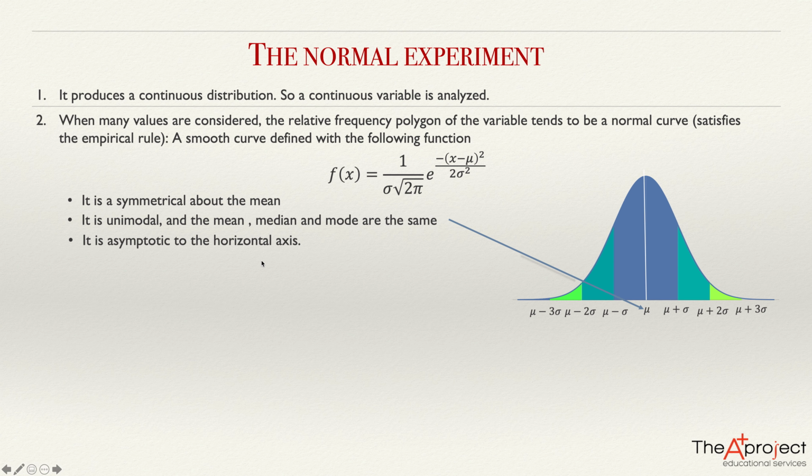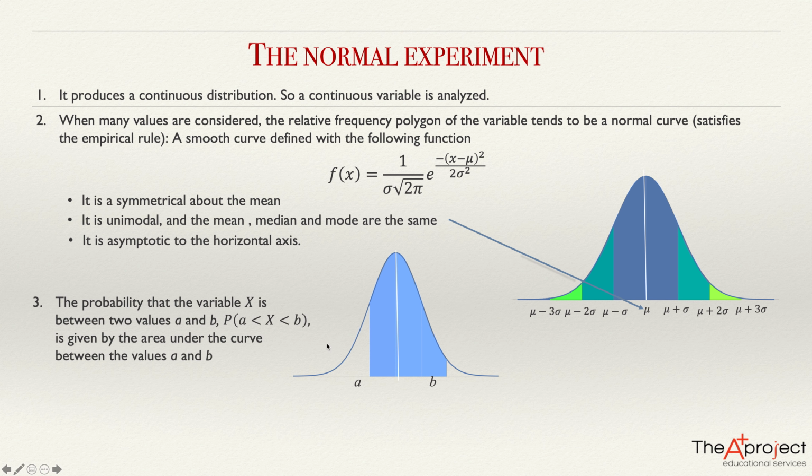And it is asymptotic to the horizontal axis, which means if the graph goes to the right, it approaches the x-axis, and to the left it also approaches the x-axis. So it approaches the x-axis without touching it. And finally, if we want to compute a probability, the thing we need to do is find the probability that the variable falls between two values.